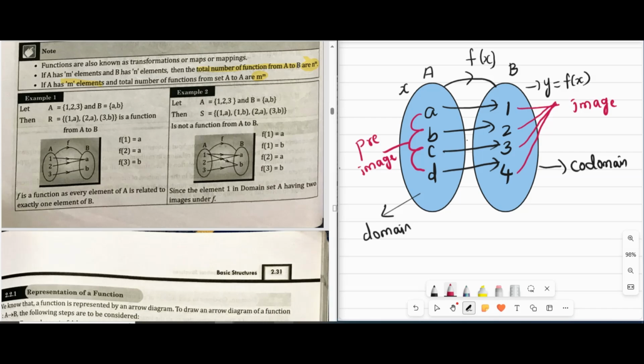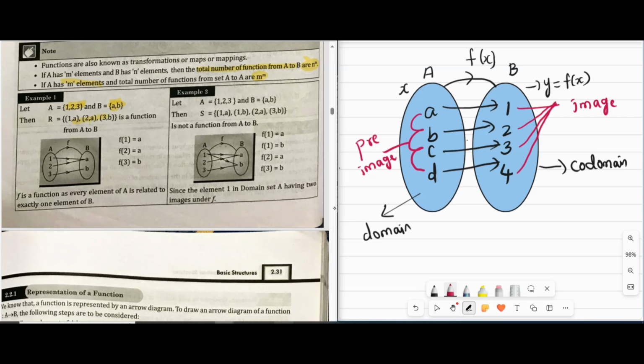Then here they have given: if A equals {1, 2, 3} and B equals {a, b}, the relation is from 1 to a, 2 to a, and 3 to b, is it a function?